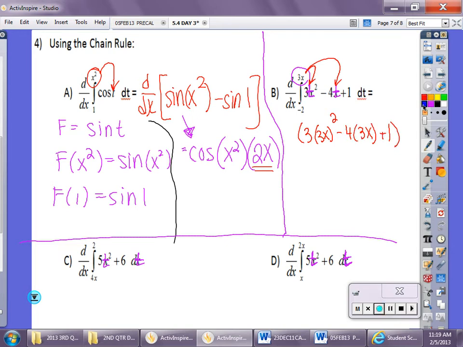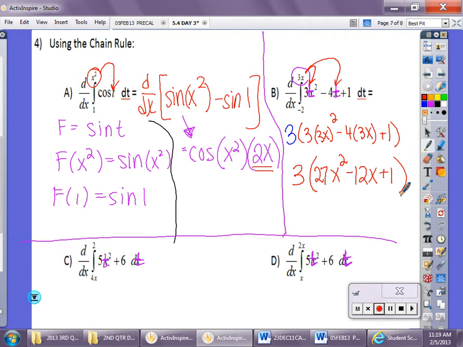So I'll put it up front this time. You could potentially leave your answer pretty close to that. I probably would want at least the 3 factored. 3 squared is 9. 9 times 3 is 27. And then that's minus 12. And then plus 1. So that would probably be the most simplified. I leave the 3 factored out because I like factored versions.